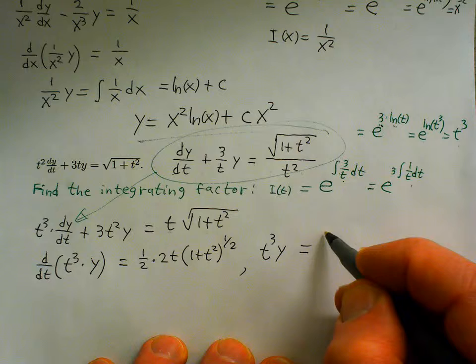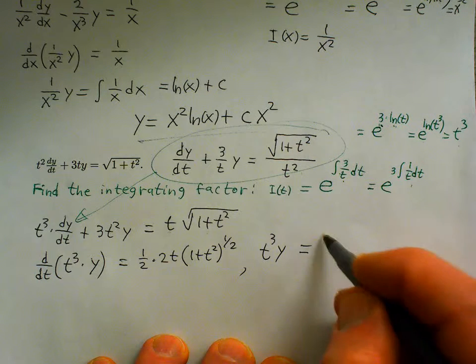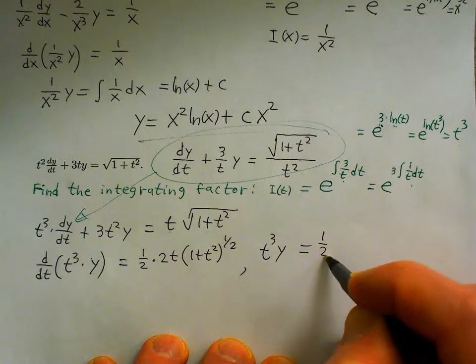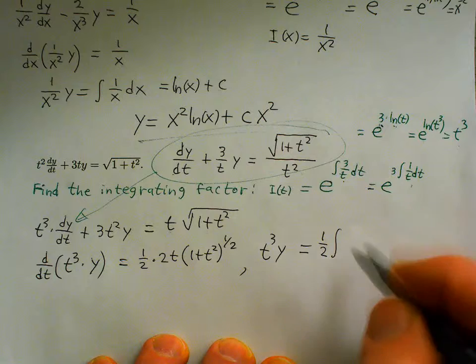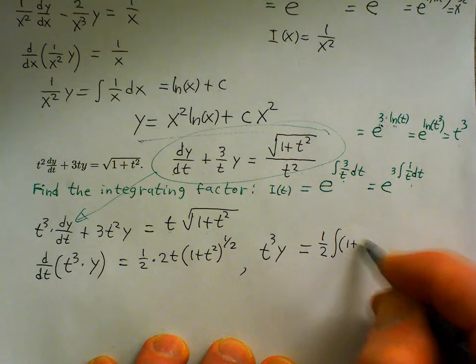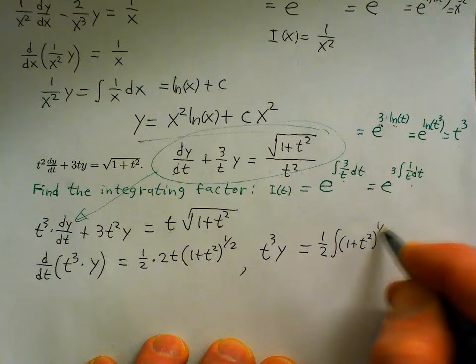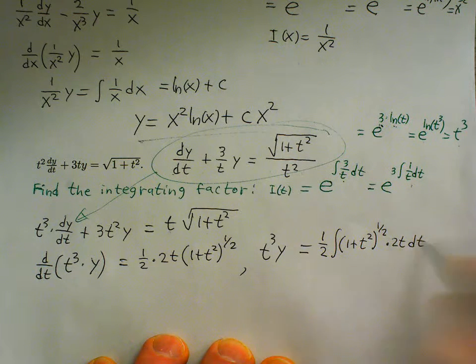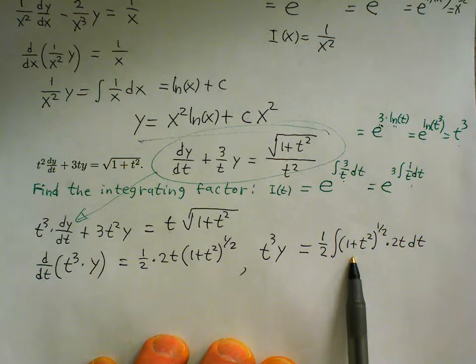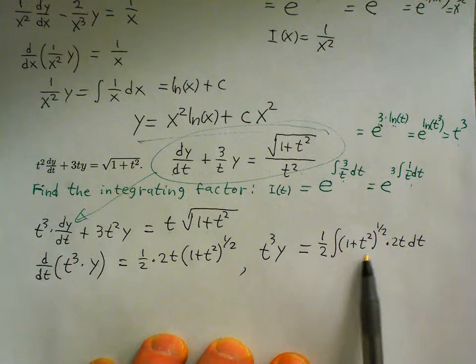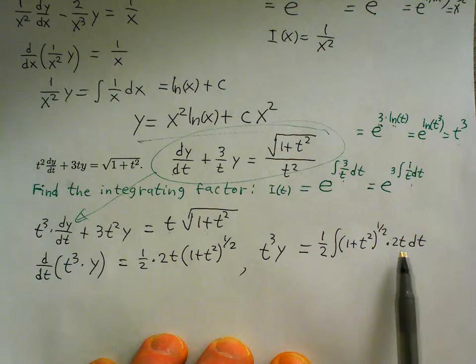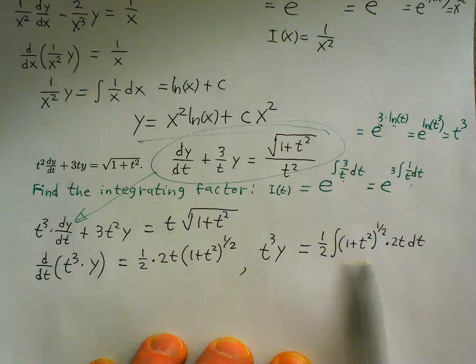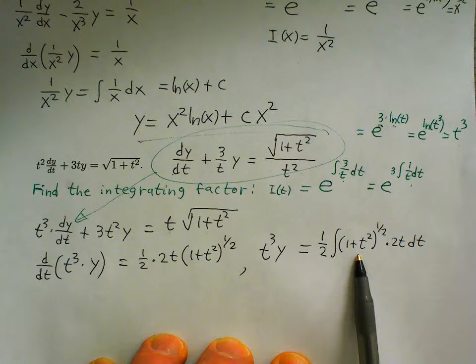So the right-hand side is 1/2 times the integral of 1 plus t to the second to the 1/2 times 2t dt. So this is like having u to the 1/2 du in the integrand if u is 1 plus t to the second, right? Are we all okay with that?